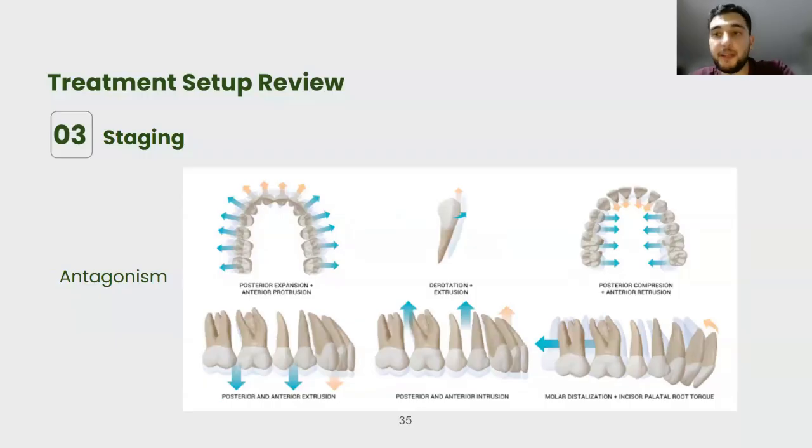Most importantly, I think this is more important than synergism, is avoiding antagonism, because antagonism is always going to lead into loss of tracking. If I have a plan where I'm doing a lot of anterior protrusion and posterior expansion at the same time, like if you look at the photo over here on the upper left side, and you just imagine how the movements are happening, you're going to come to the conclusion that there is no anchorage in this case.